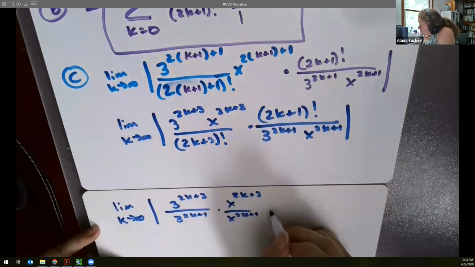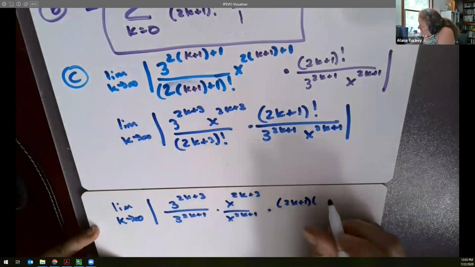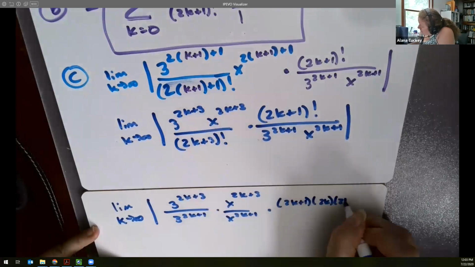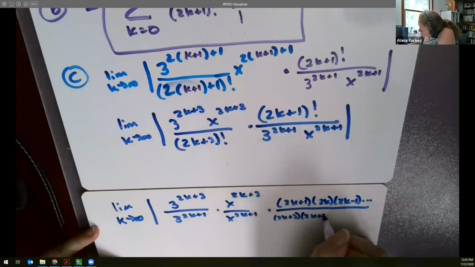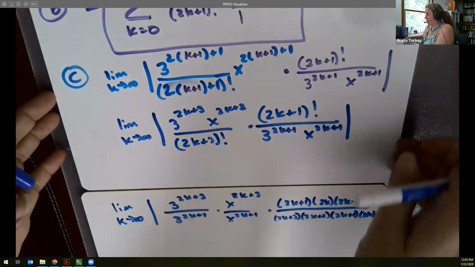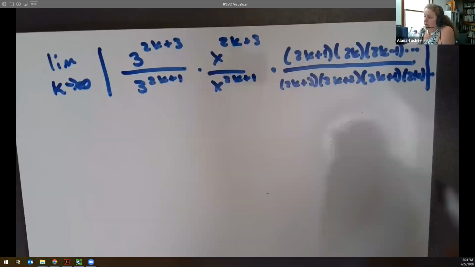And then 2k plus 1 factorial, I want to write that out for a minute because this is where some of you were struggling. 2k plus 1 factorial is 2k plus 1 times 2k times 2k minus 1, dot dot dot. 2k plus 3 factorial is 2k plus 3 times 2k plus 2 times 2k plus 1 times 2k, and I'm running out of space, dot dot dot. Hold on, I'm getting there. And keep in mind, since this is a ratio test, I need the whole thing to be less than 1, but I don't have space for it.